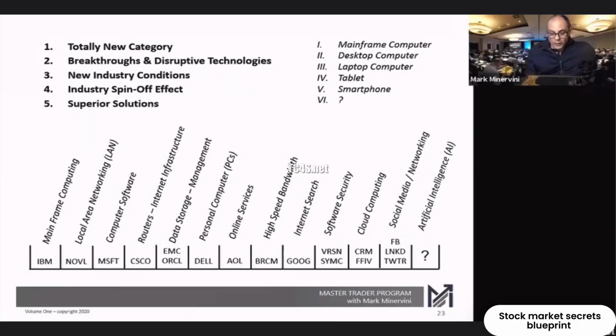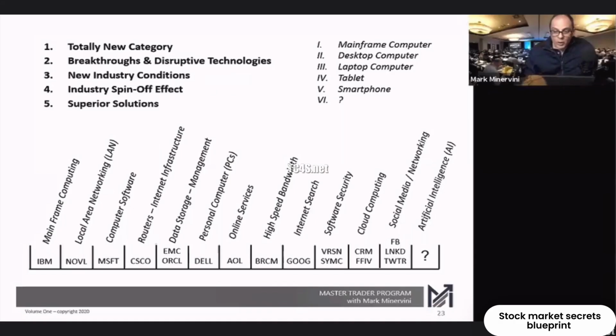So then, we started putting things over the internet and online, and we needed bandwidth, right? That was the big problem, you couldn't stream videos and do things that we can do today because there wasn't enough bandwidth. And you had companies like Broadcom. Then we had internet search. It started with Yahoo, but Yahoo kind of slipped up and got into some other areas, and Google came in, and that's a perfect example of a top competitor. Google came in and took over internet search.